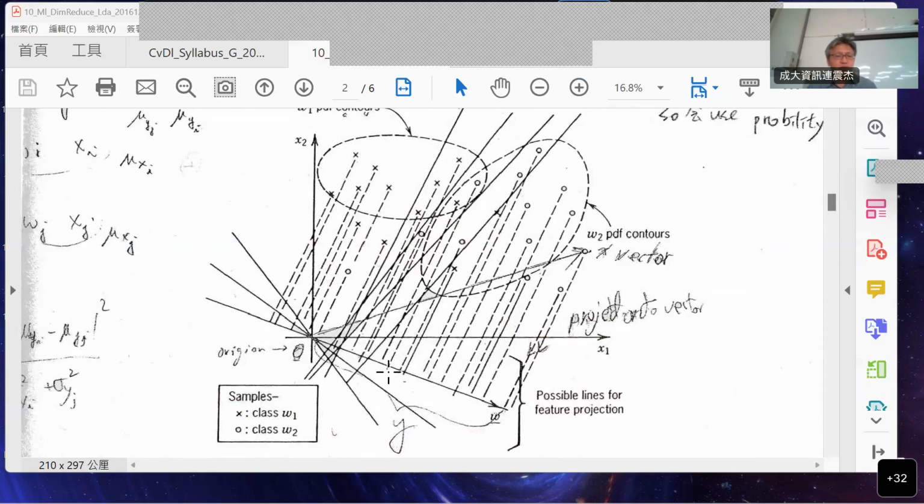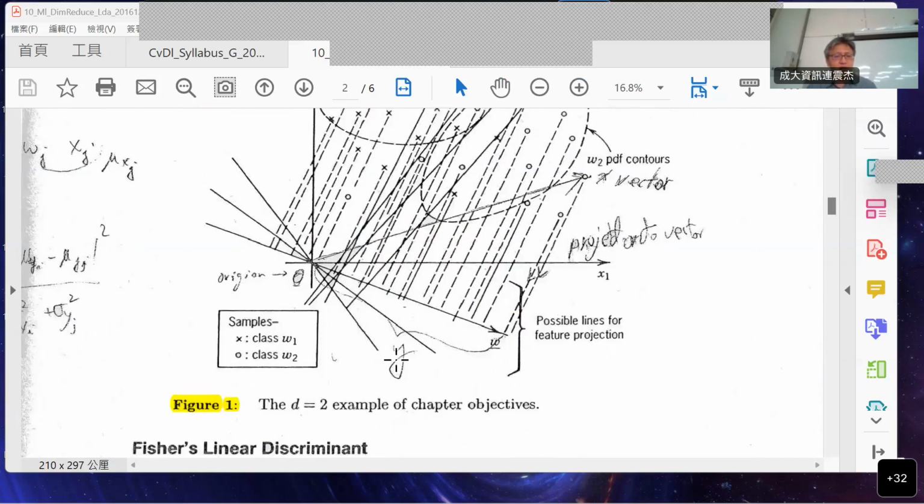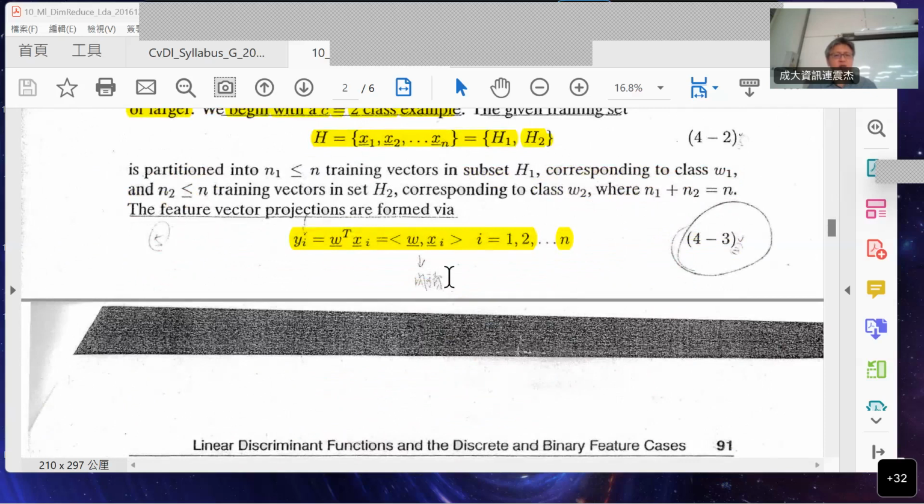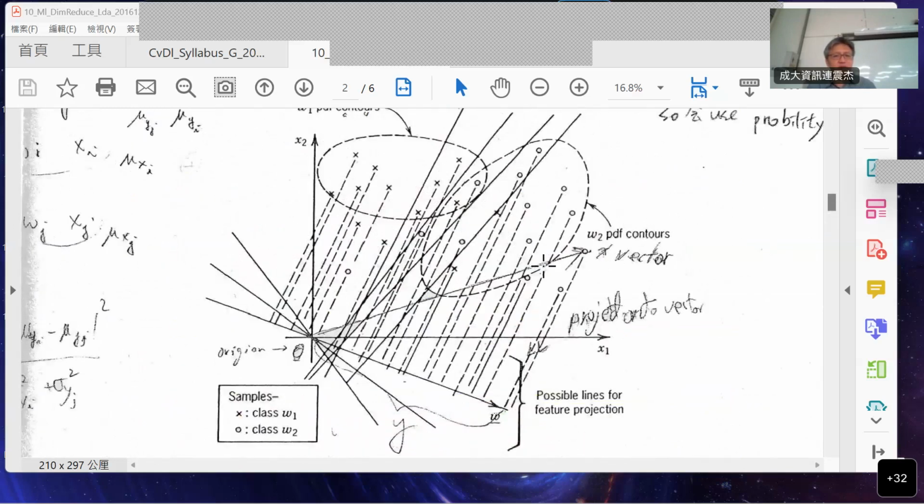Here is X, and here it is projected to Y. So X, we want to project onto W, and it becomes Y. That means, for this example, any point is a vector. Point meaning what? Point meaning a vector.